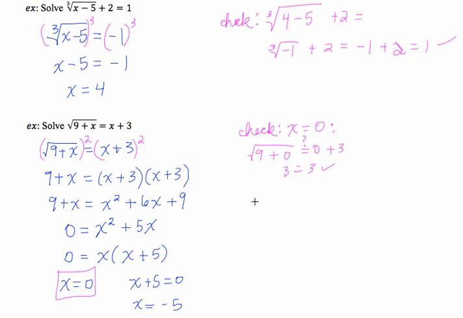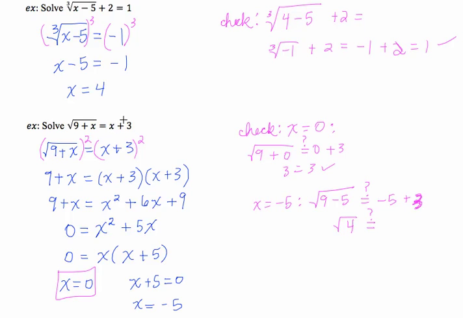Now let's check x equals -5. That would give us the square root of 9 minus 5. Does that equal -5 plus 2? See, the square root of 9 minus 5 is equal to the square root of 4. Does the square root of 4 equal, oh, that should have been a 3 there. Look at that, x plus 3, so it should have been -5 plus 3.